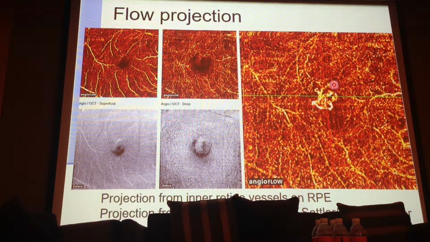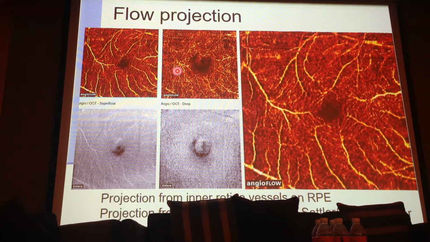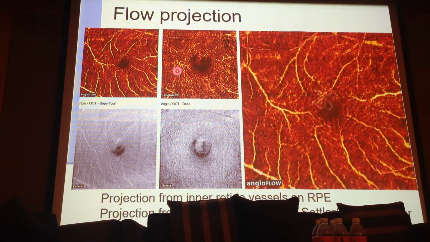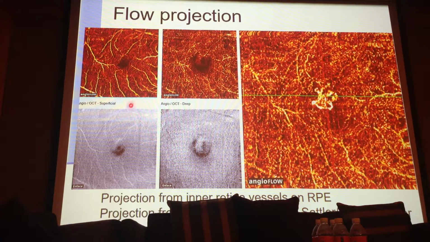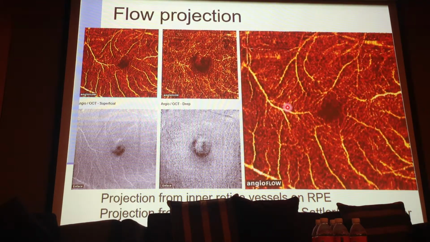So everything is here: new vascularization and projection from the superficial or deep capillary plexus. You see, when we switch to superficial or inner retina, they share the same pattern. So that's how we can identify whether it is a real vessel inside our retina or projection from the superficial layer.